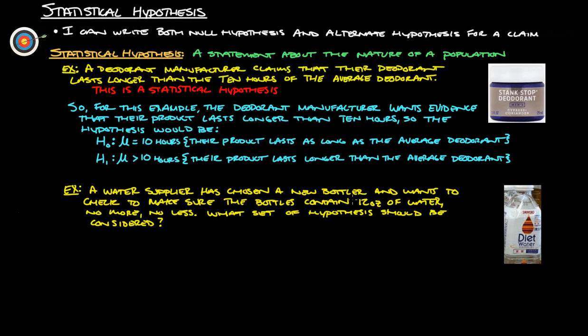A water supplier has chosen a new bottler and wants to make sure that the bottles contain 12 ounces of water, no more, no less. What set of hypotheses should be considered? For our H0, the mean should be 12 ounces of water, so the mean ounces per bottle is 12.